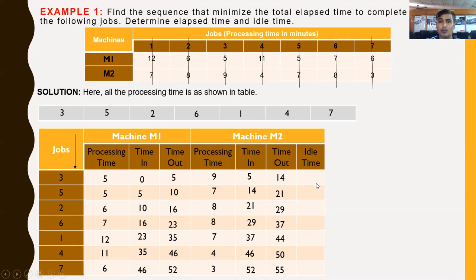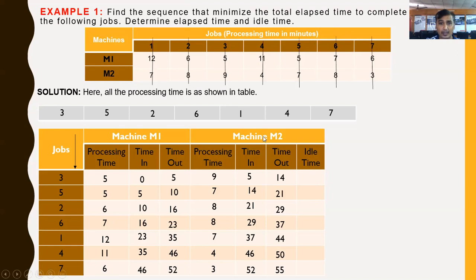Now we have to find out the idle time. Before we calculate idle time, let us understand what idle time is. Idle time is the time when the machine is idle, in minutes or hours or days, whatever the data is provided. Here the data is provided in minutes, so we have to write down the idle time in minutes.